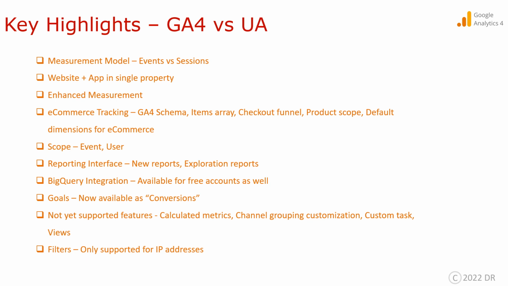Now product scope. So now they don't have yet available the product scope. So that is one important piece. And then they have already given you the default dimensions for all your e-commerce tracking, but there are some dimensions or metrics still missing, like one of them is item variant.